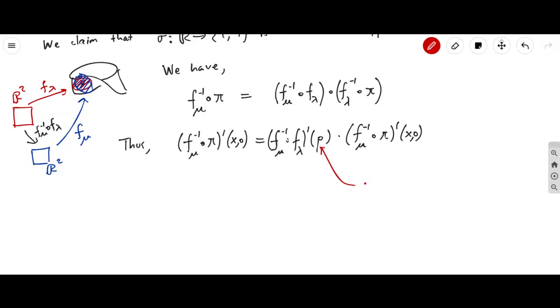We do not care what it is, but the point is that p is just the inside function evaluated at x comma 0. So on the picture, you have x comma 0 somewhere.